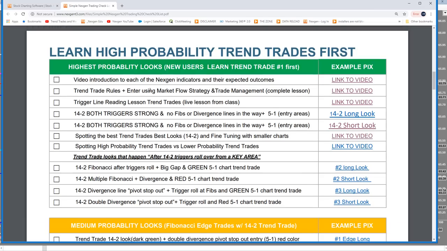Now, I have on page 2 a list of videos. There's a video introduction to each of the indicators, and then there's a very lengthy video on all of the rules for a trend trade and entering using the market flow and trade management.